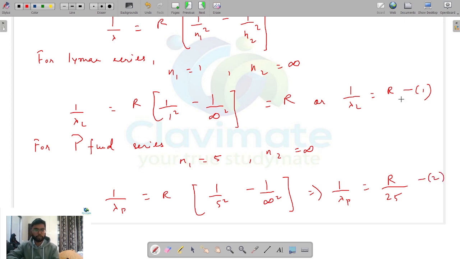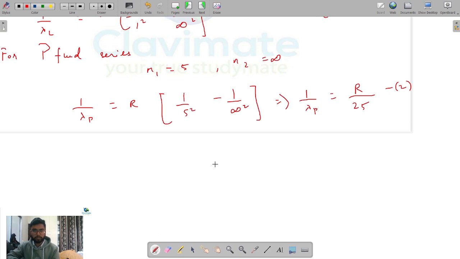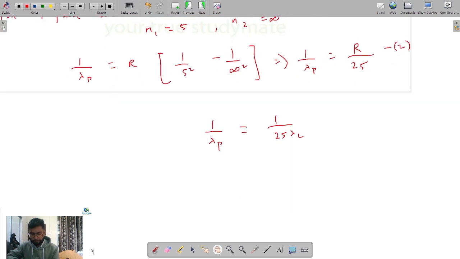Now putting the value of equation number 1 in equation number 2, we'll have 1 by lambda P is equal to 1 by 25 lambda L. Now again we know that nu is equal to c by lambda.